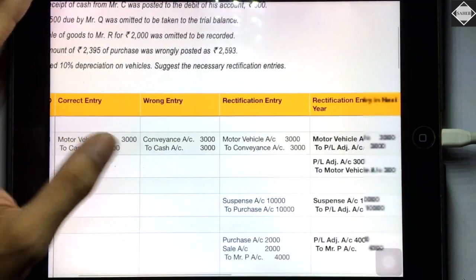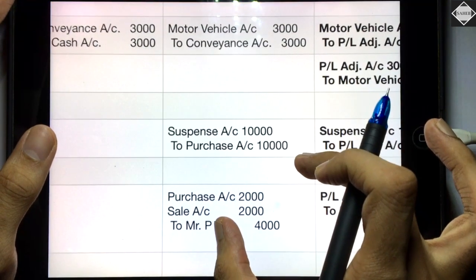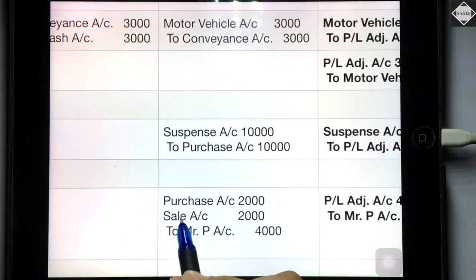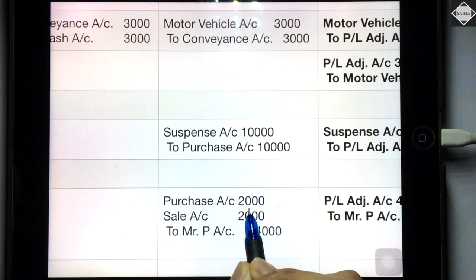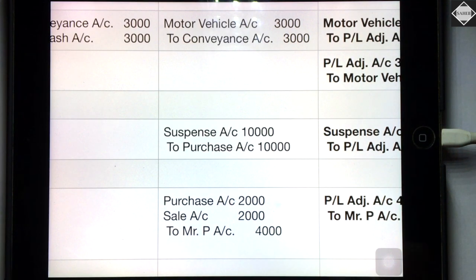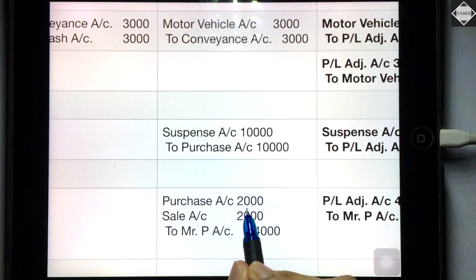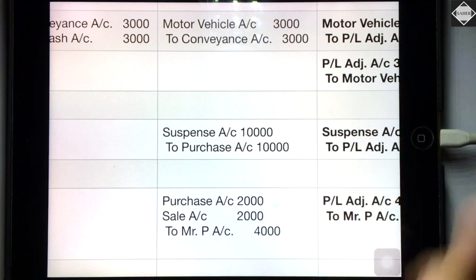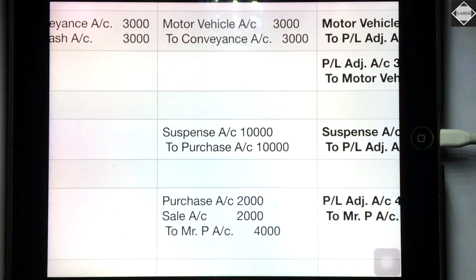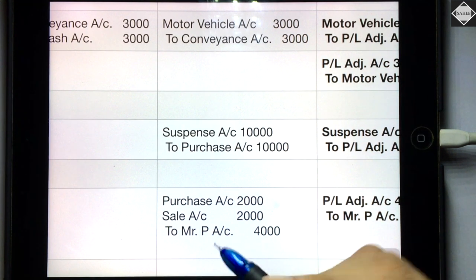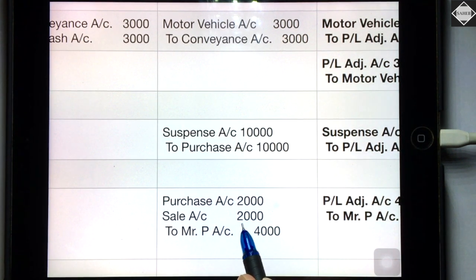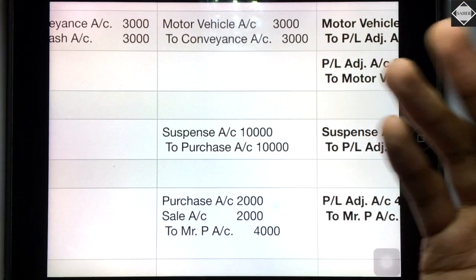The third transaction, we will use the heterogeneous trick. What we'll do? Record what is right. Purchase was right, so just debit and record that. You all know purchase has debit balance. To record that, I will debit that. Sale has credit balance. It was wrong. So to reverse the sale, what do we do? We debit that, opposite. And then what we'll do? Two things are debited. Entry cannot be handicap, you all know.